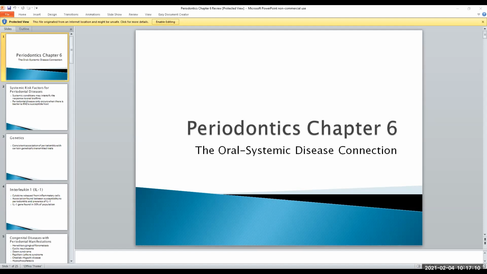Are they the primary cause? No, because we know that is always going to be biofilm. Systemic, what's going on with the body? These are systemic conditions that may intensify the response to oral biofilms. So periodontal disease only occurs when there's bacteria or biofilm and that susceptible host.